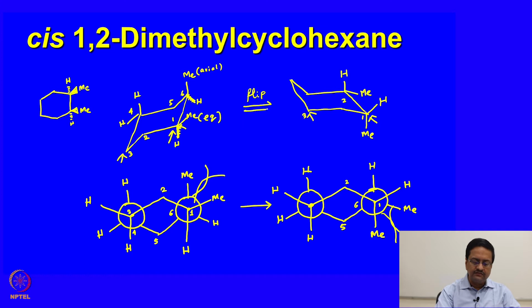Therefore, these two conformers are equally stable at room temperature or any temperature, and there is no preferential stabilization of one over the other, because in both cases you have one methyl group in the axial position and one methyl group in the equatorial position. So cis-1,2-dimethyl cyclohexane has only one kind of conformation that we can find from here.